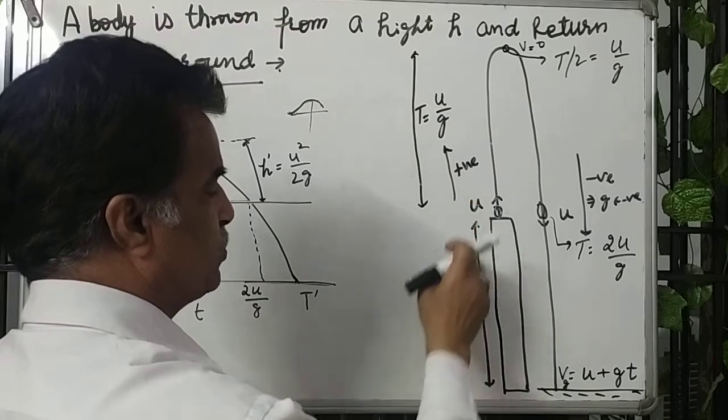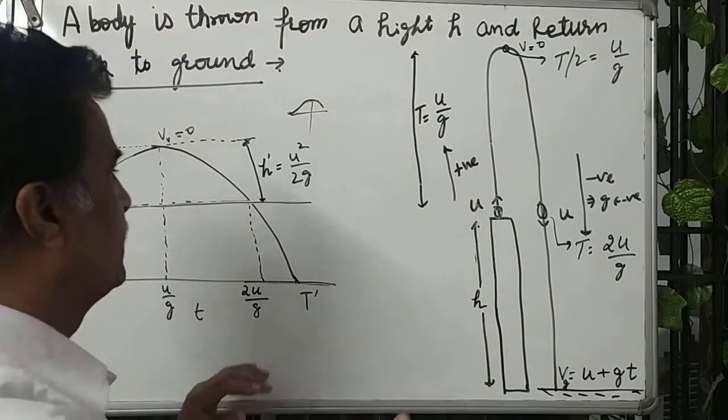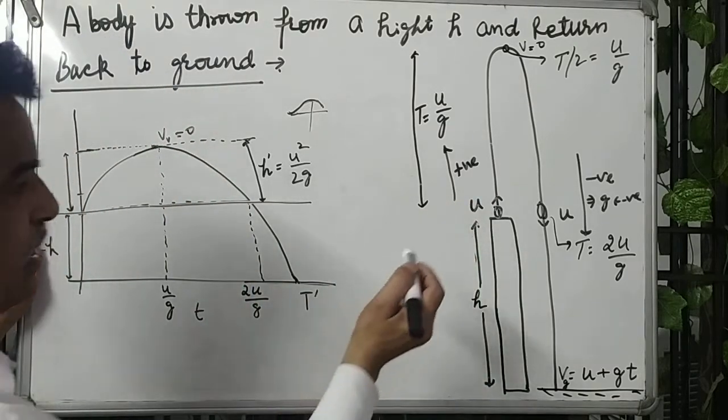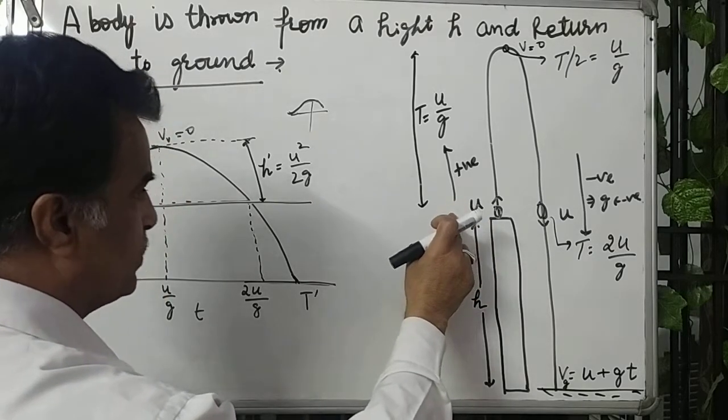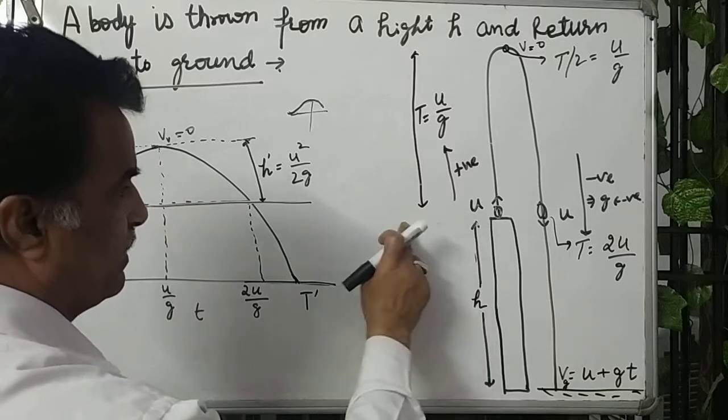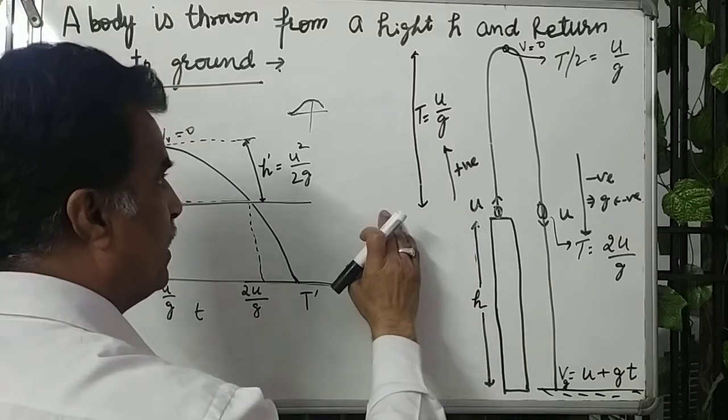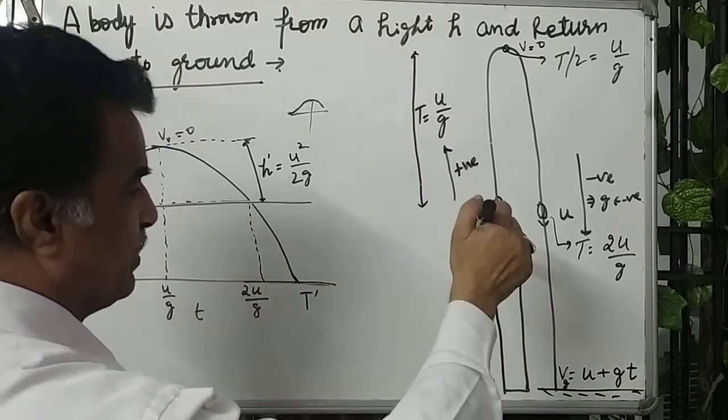This body is thrown from the edge of a height. So in this question, at time t equals 0, we have taken the upward direction as positive.